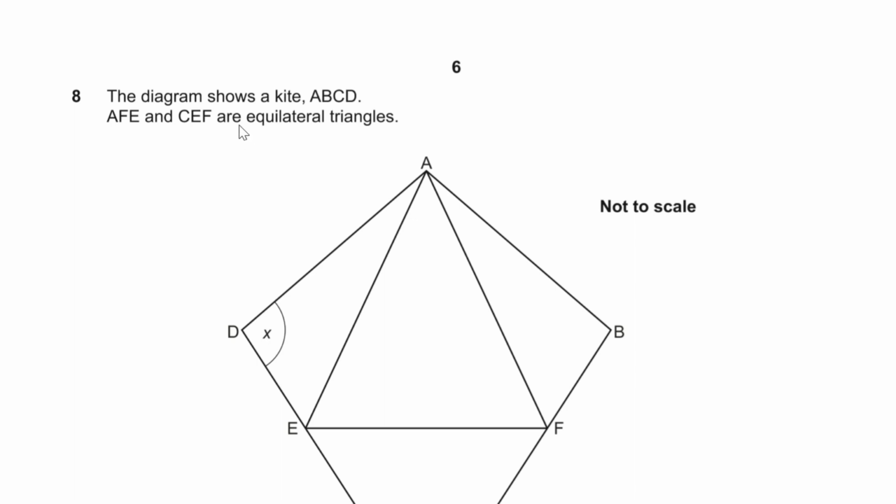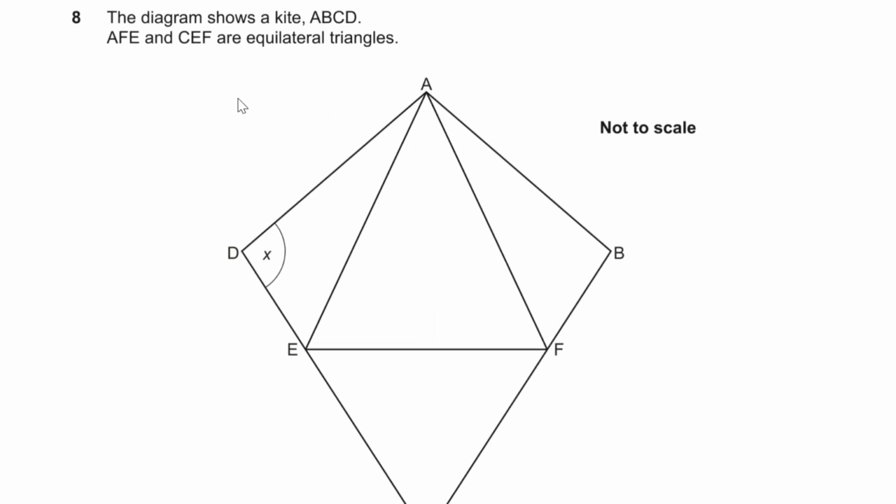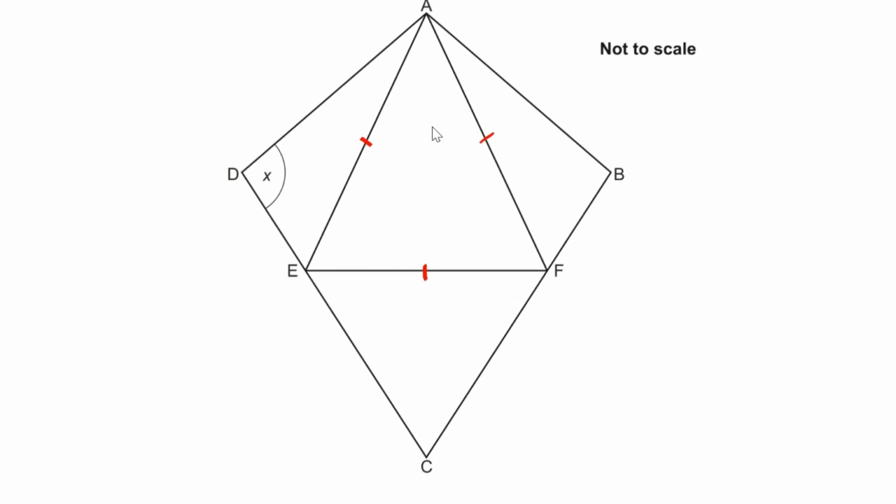Question number 8. The diagram shows a kite ABCD. AFE and CEF are equilateral triangles. So if we have equilateral triangles, that means this length is the same as this length, which is the same as this length. That's for that triangle. And because here we've got an equilateral triangle, this length is the same as this length, which is the same as this length.